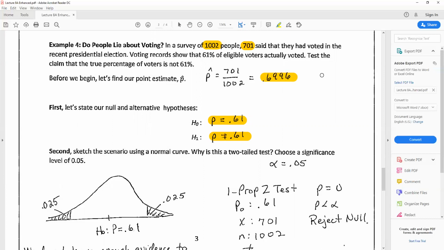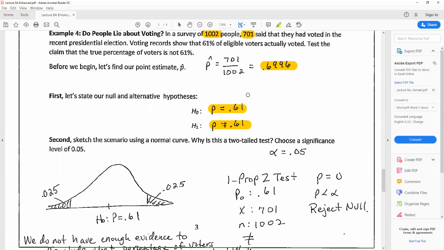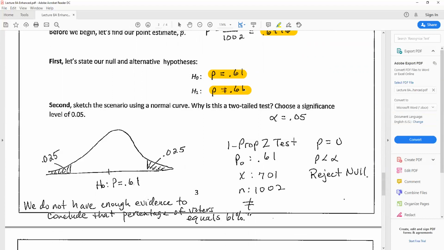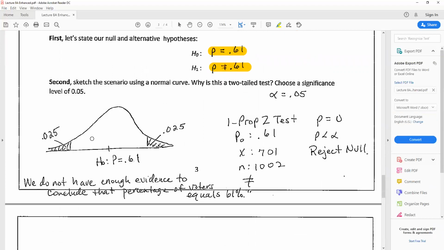So perhaps after doing this survey, they came to believe that maybe the 61% is not accurate. So they're testing that claim that the number is actually different than 61. Not greater than 61. That's not what's in the narrative, but not equal to 61. And this is what the sketch would look like.